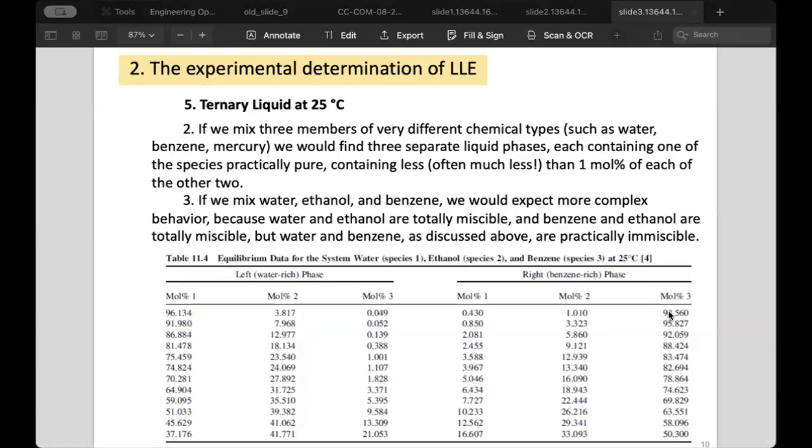So, how many equilibriums do we have? How many equilibria? 12, right? We performed 12 experiments. Each is a different equilibrium.